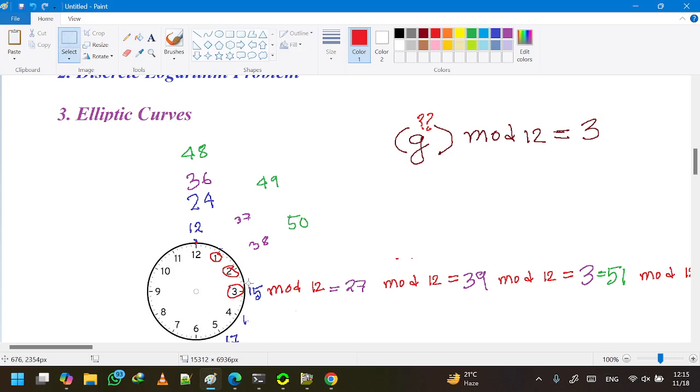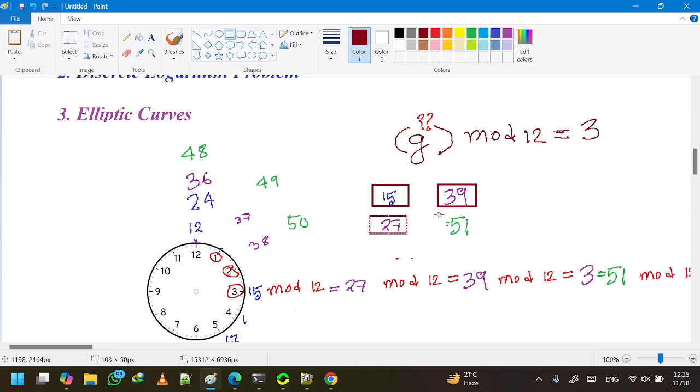G to the power x can be 15, or it can be 27, or it can be 39, or it can be 51, and the possibilities are endless. So any of these values, or the future values, could be the actual value of the secret. So we have no way to find that out.